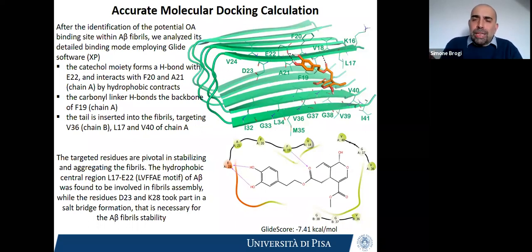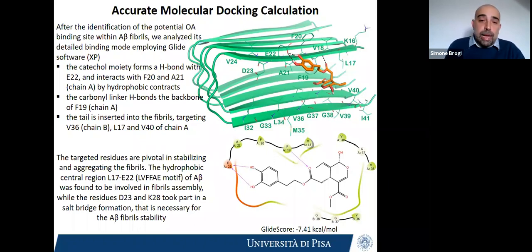So the tail of the molecule is deeply inserted into the fibrils, targeting several residues belonging to different chains. This pattern of interaction found for oleuropein aglycone seems to be extremely interesting, since this motif enclosed by the residues leucine 17 and glutamate 22 is well known, and it is important for fibrils aggregation and stability, as reported in different studies.